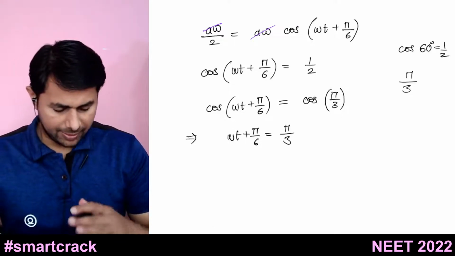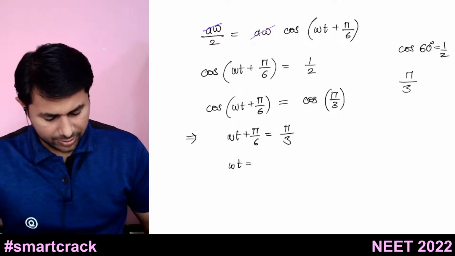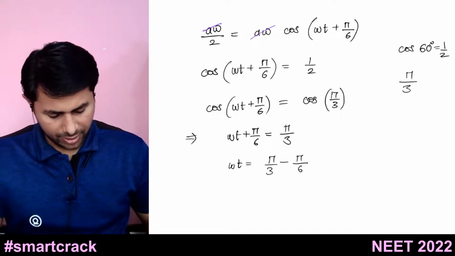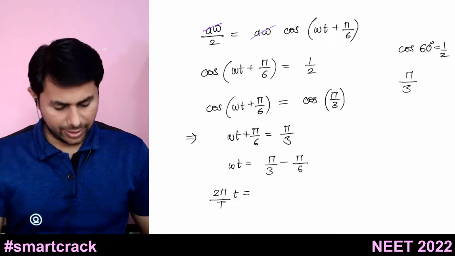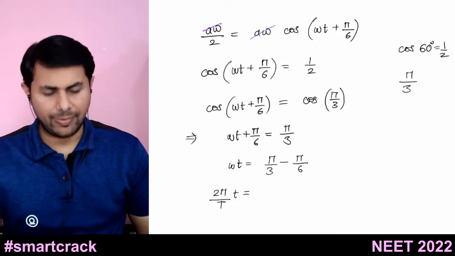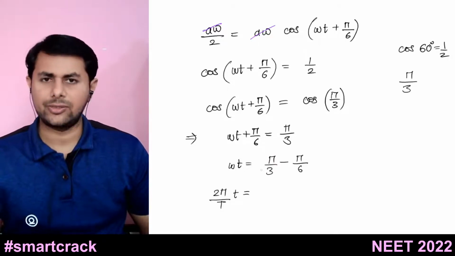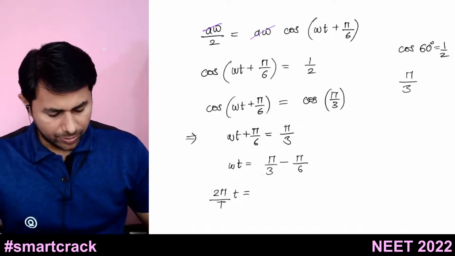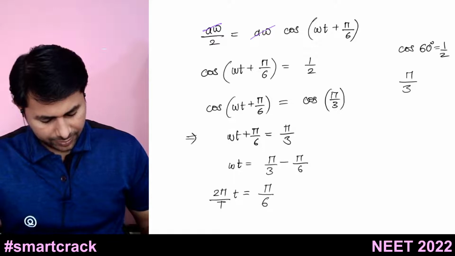We can take that pi by 6 to the other side, so we get omega t equal to pi by 3 minus pi by 6, where omega is 2 pi upon capital T. This pi by 3 can be written as 2 pi upon 6, multiplying by 2 and dividing by 2. So 2 pi by 6 minus pi by 6 is pi by 6.